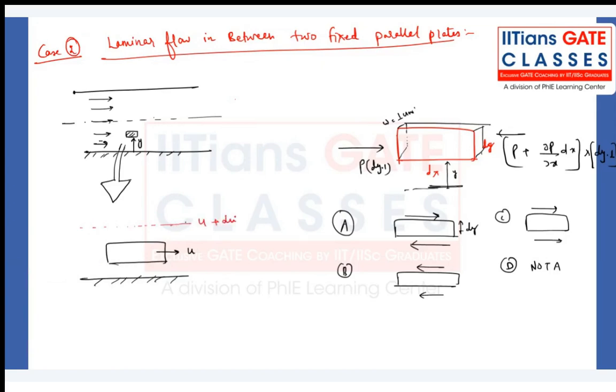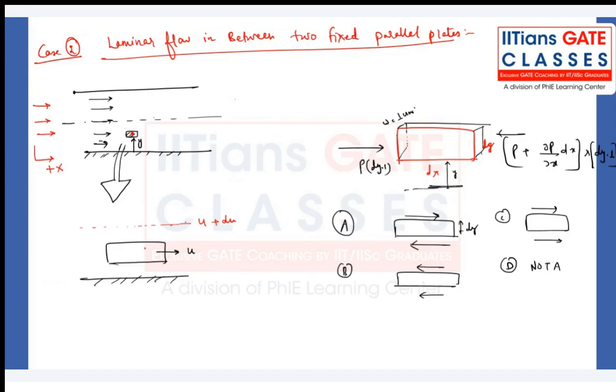No, the direction of flow is towards the positive x direction. Whatever element I have shown in the figure is just a point, a fluid element, but to help understanding I'm making it like a cubical box so that you can understand the forces acting on a particular fluid element.